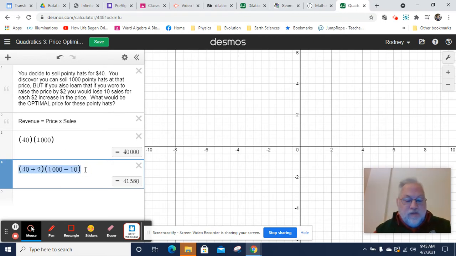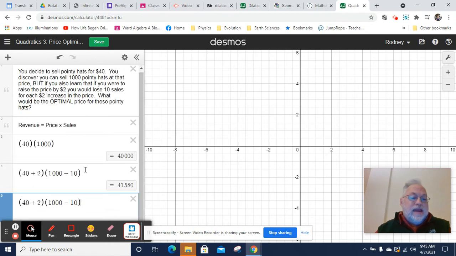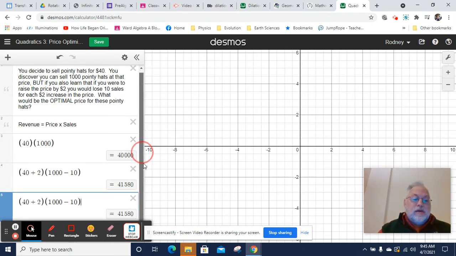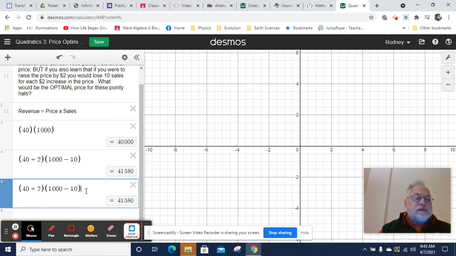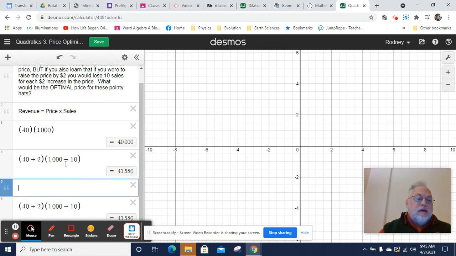But what if we wanted to find out for any number of price increases? So what we're going to do is declare a variable here, and here's the thing we don't know. We don't know how many steps of $2 price increases we want to make.